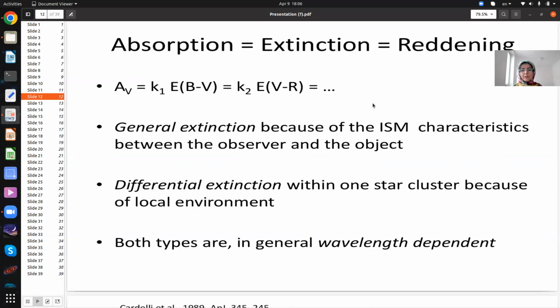Photons or flux are captured or absorbed by the dust, and so we cannot see the light of that star completely. General extinction is because of the interstellar medium, or ISM, characteristics between the observer and the object. Differential extinction within one star cluster is because of the local environment, and both types are in general wavelength dependent.